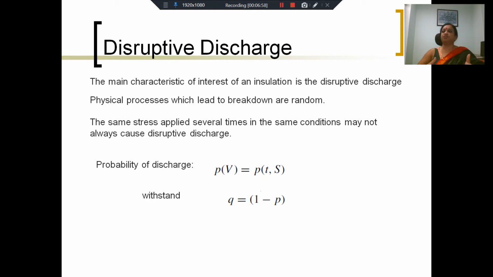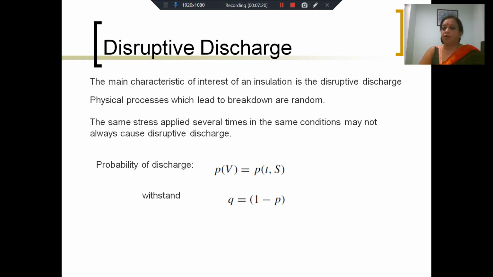Then in addition, you can have different kinds of composite or homogeneous materials in proximity. And as we have seen, that proximity will change the nature in which breakdown occurs. So it is very difficult for us to predict for an insulation system how breakdown will occur.